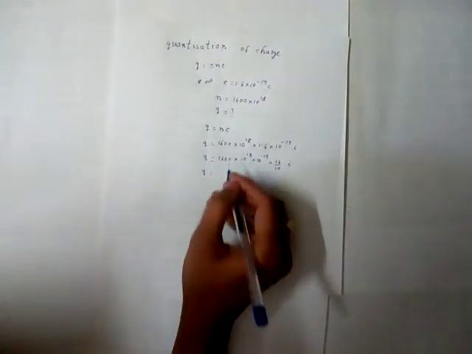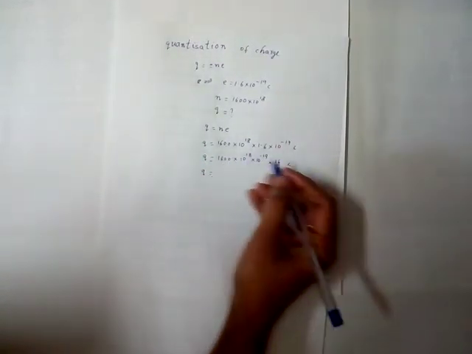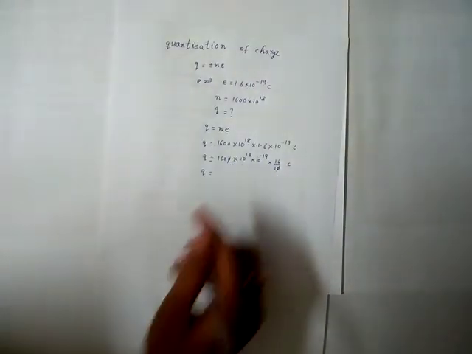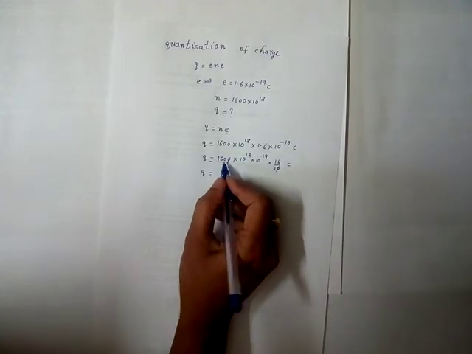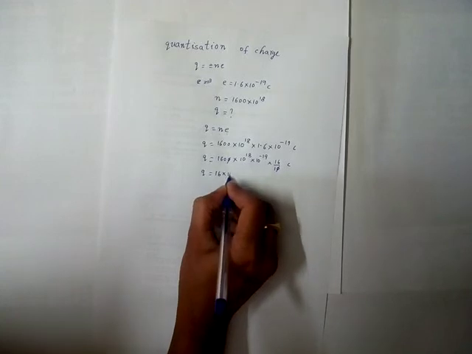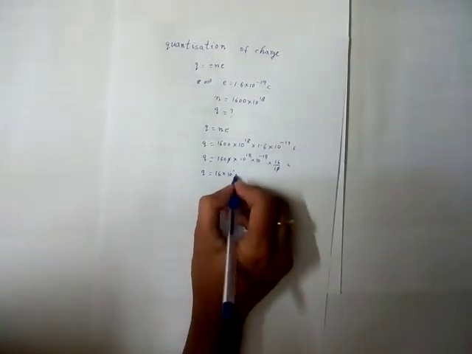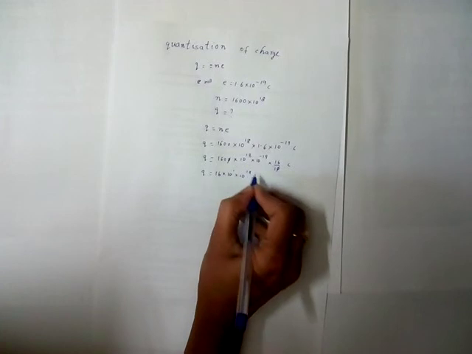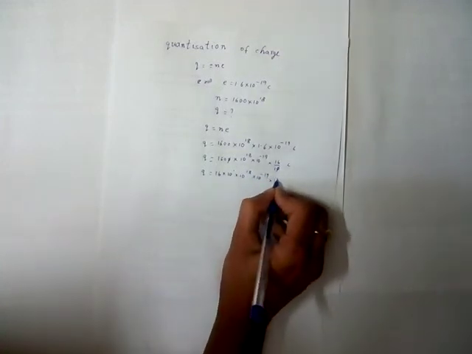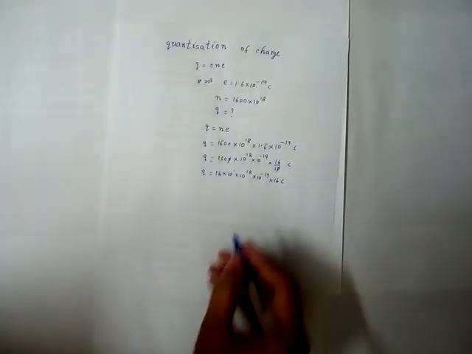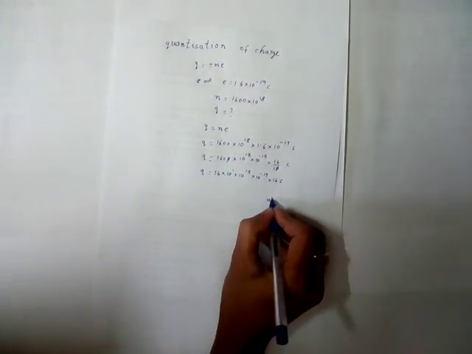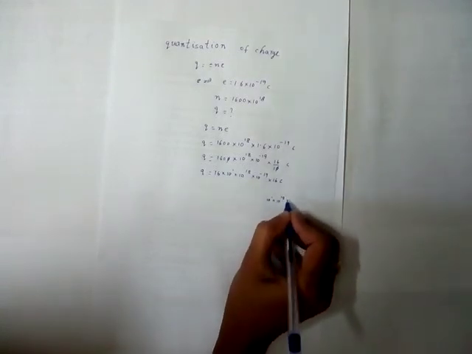Now in this 1600 you can cancel the 0 and 0, so it is 160. Then you can write 160 as 16 into 10 power 1, into 10 to the power of 18 into 10 to the power of minus 19 into 16 coulomb. Now it is 10 power 1 into 10 to the power of 18.